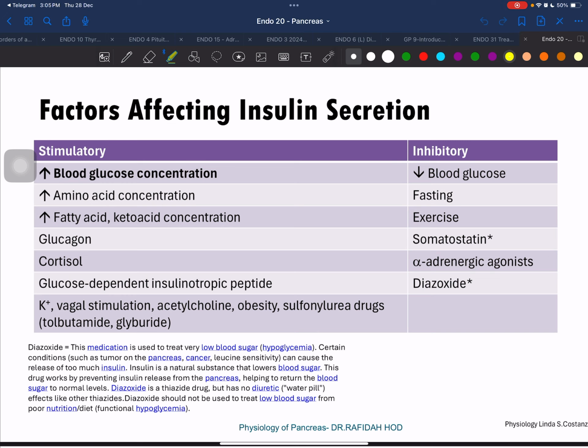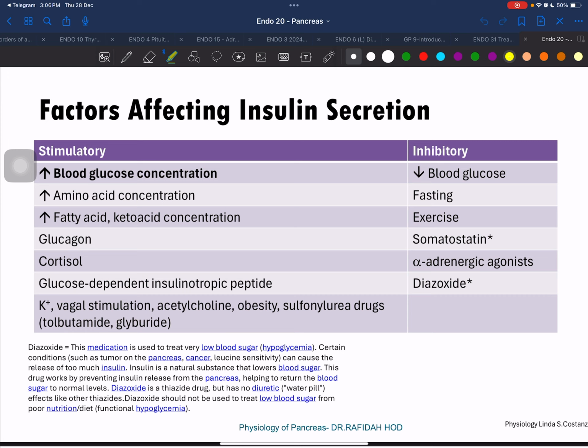Maknanya dia cakap glucose-dependent, maknanya whenever this peptide ada, that means there's also a lot of glucose lah. So it makes sense still. So a lot of it that you bukan perlu hafal saja, but you can link to it. The main reason is maknanya there is high glucose in the blood. And then you also have, if you have high potassium in the blood, pun akan make the insulin to be secreted. We have vagal stimulation, acetylcholine, obesity, as well as some sulfonylurea drugs.